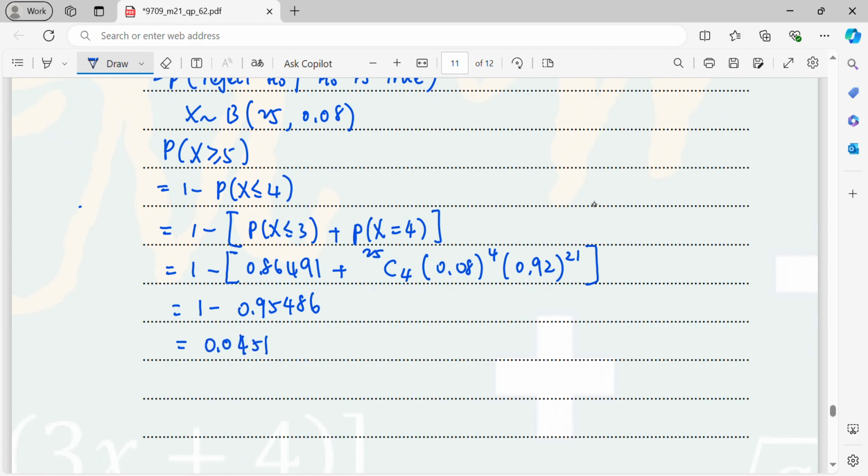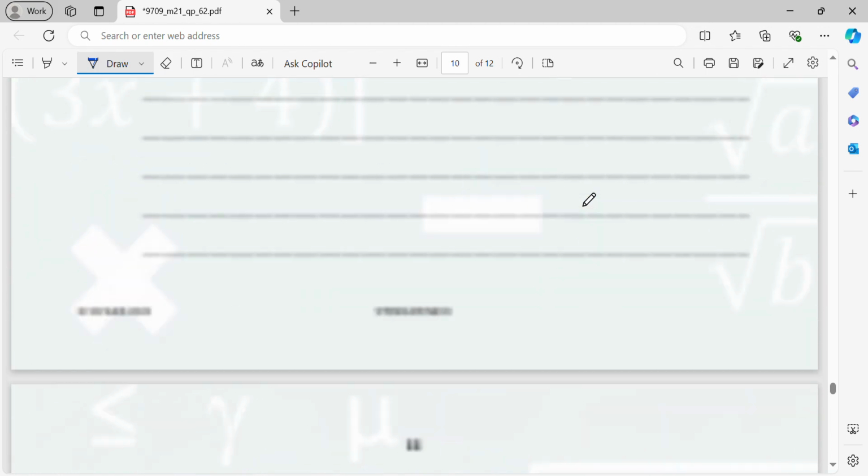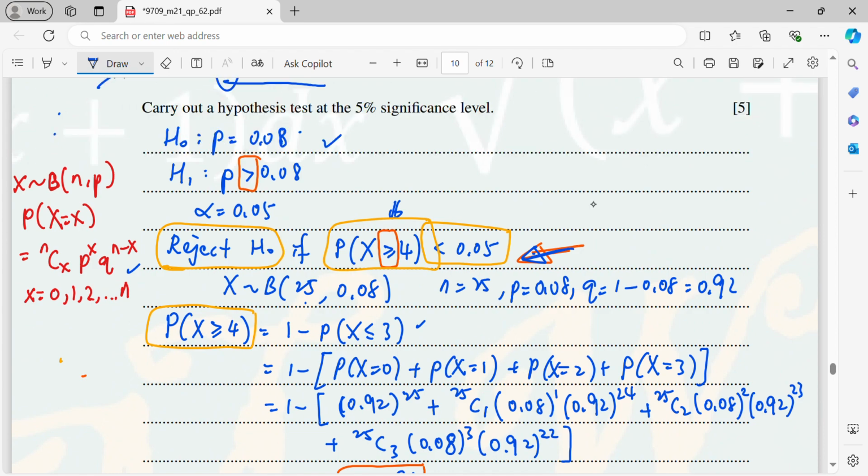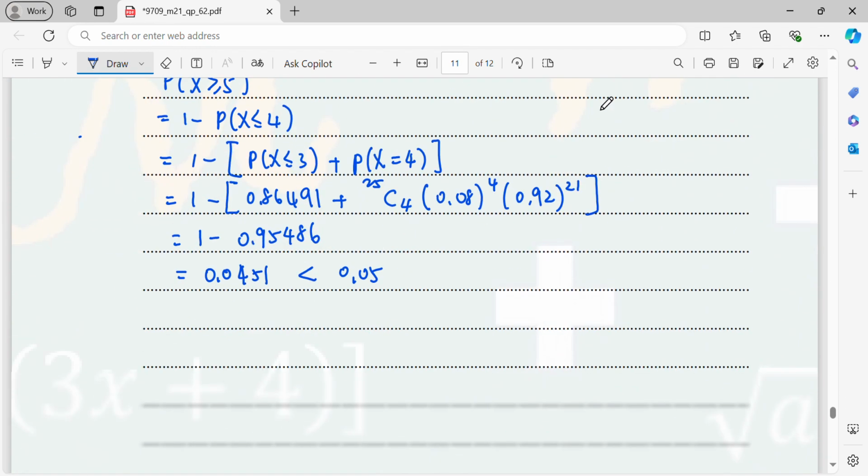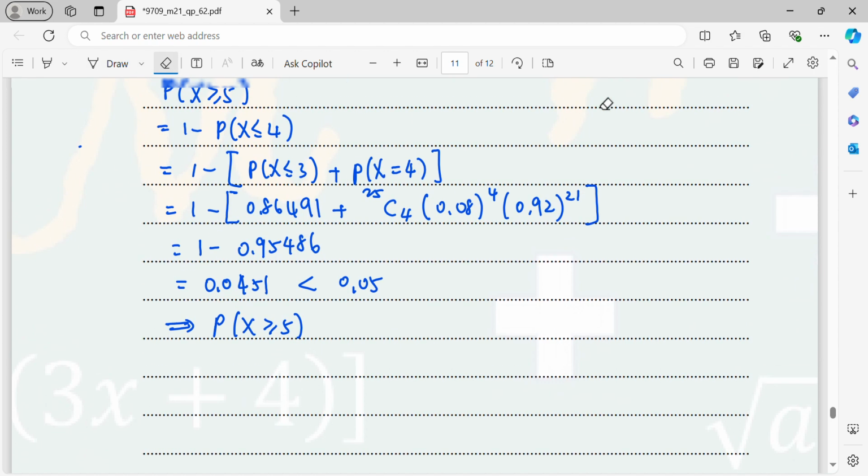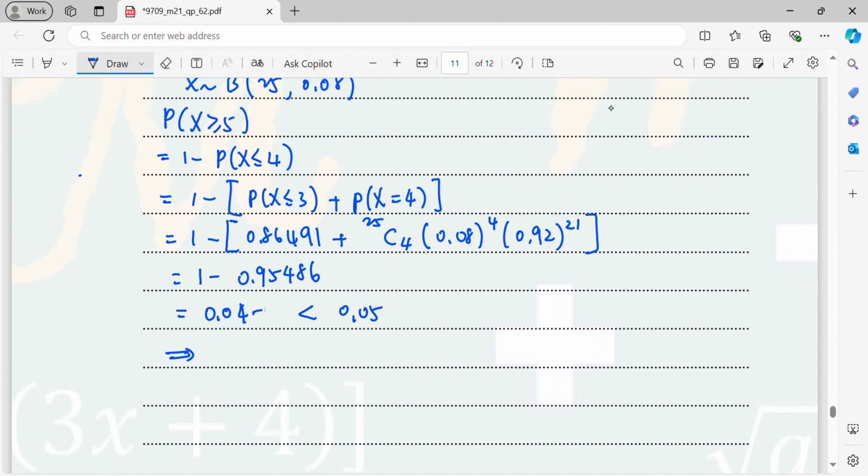So 0.0451 is less than 0.05. Based on the previous criteria, we are going to reject H0, which means here we reject H0 when X is at least 5, because of less than 0.05.